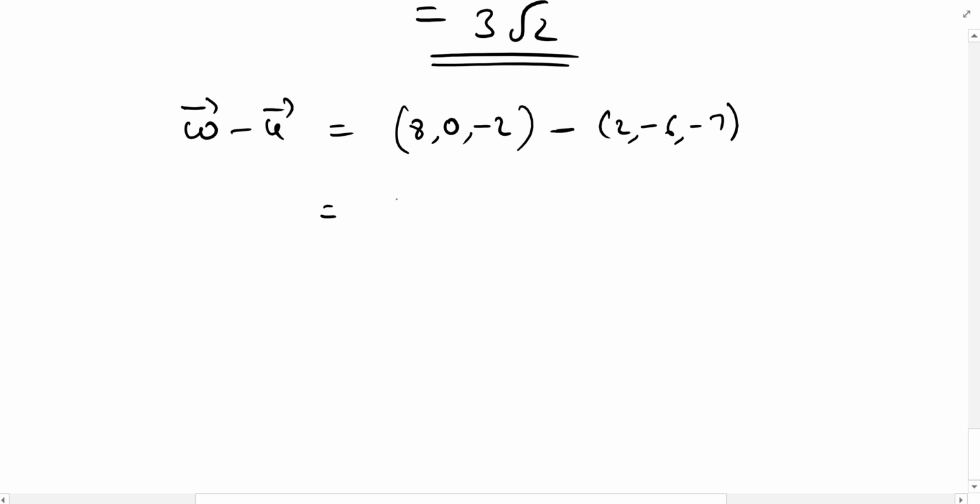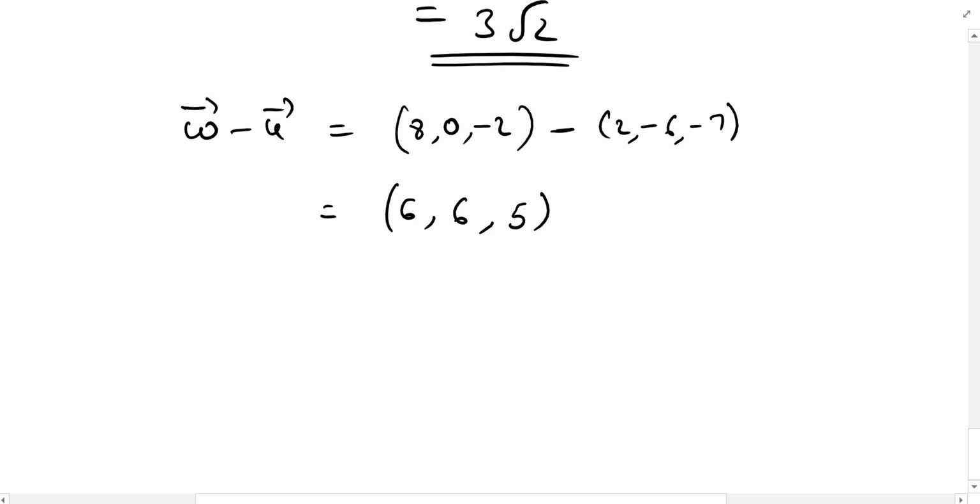So 8 minus 2 is 6, 0 minus -6 is plus 6. -2 minus -7, that is plus 7. So we got plus 5. Is it right? -2 plus 7. Minus minus is plus 7. Right. So we got 5 there.